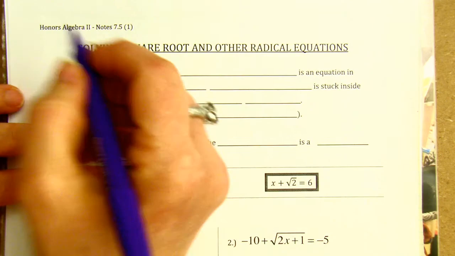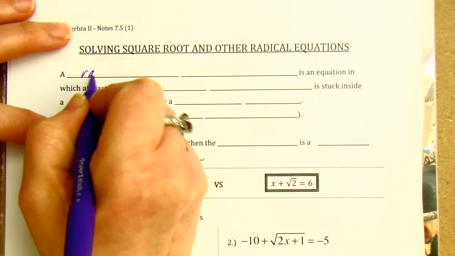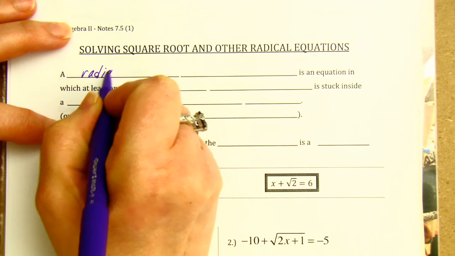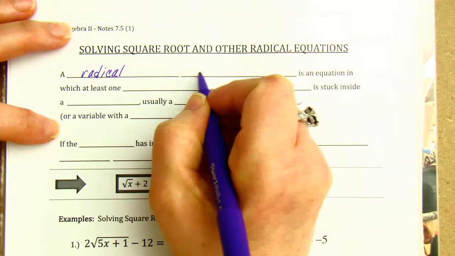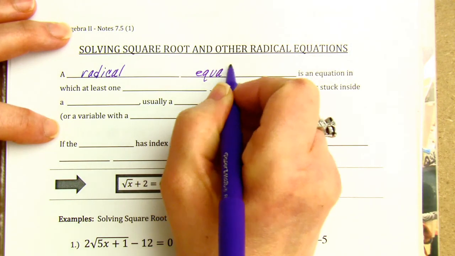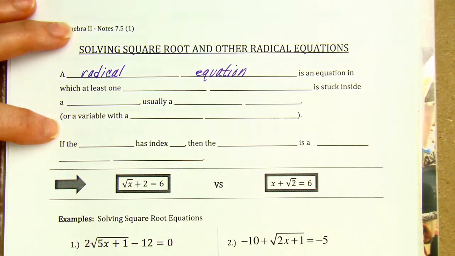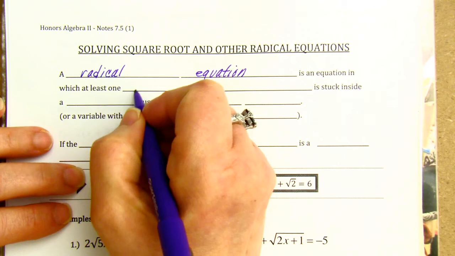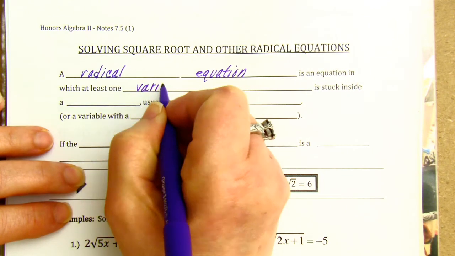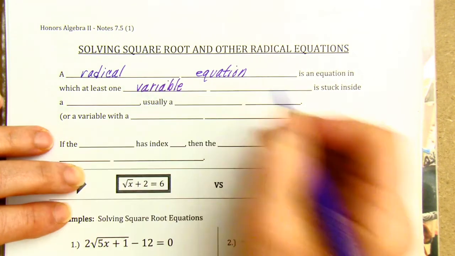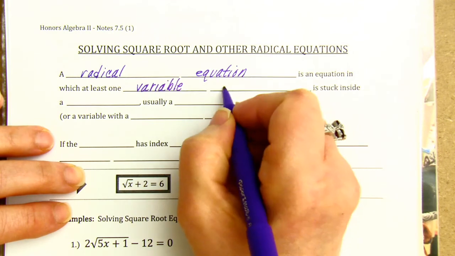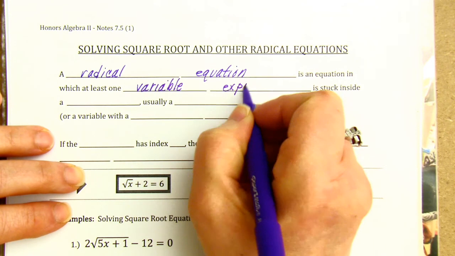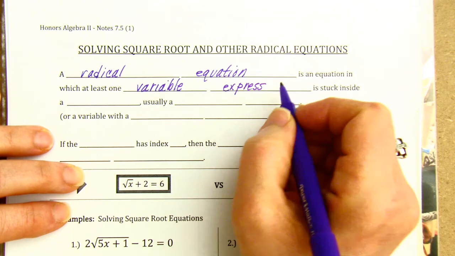Alright, first let's identify a radical equation. A radical equation is an equation in which at least one variable expression is stuck inside a radical.